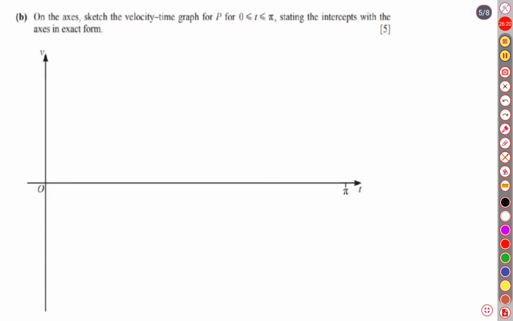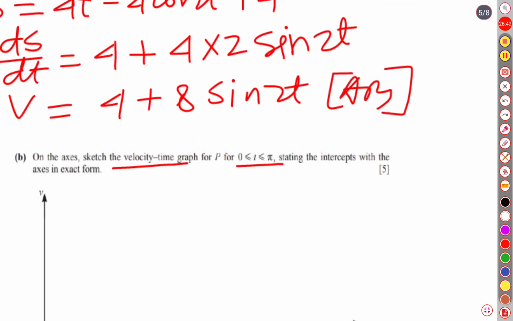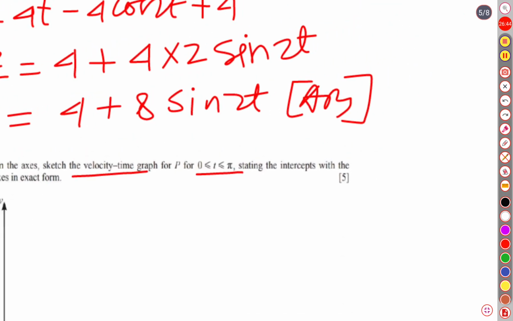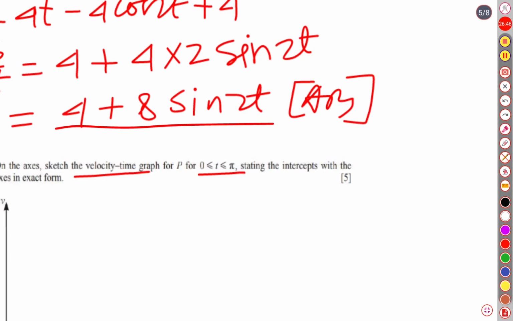Question B says, on the axis sketch the velocity time graph for p for 0 until pi, stating the intercepts with the axis in exact form. First of all we should know that this is our function, and this is not a simple or original sinusoidal function.